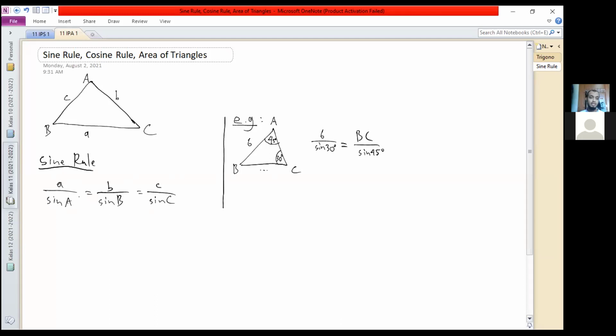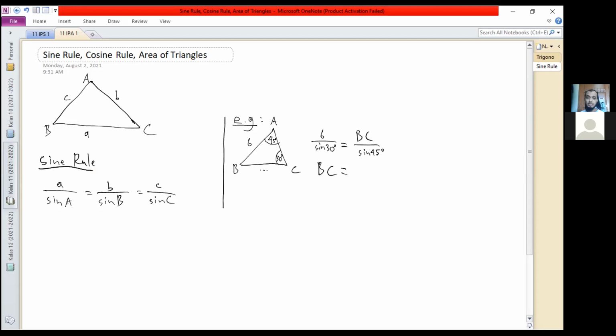Usually you have a over sine A equals b over sine B and equals c over sine C, but for solving an equation, you just take two of the sides.